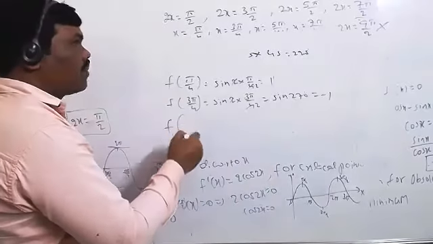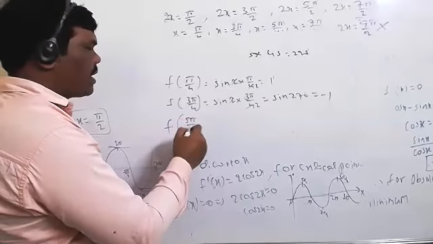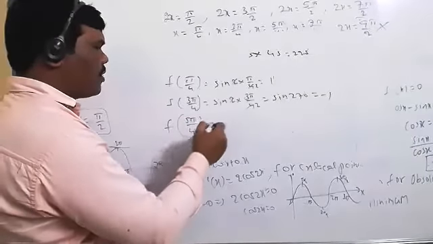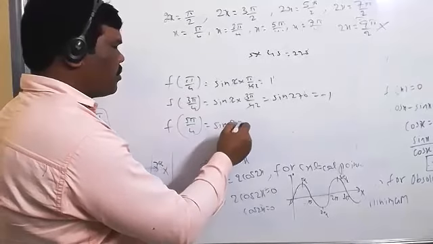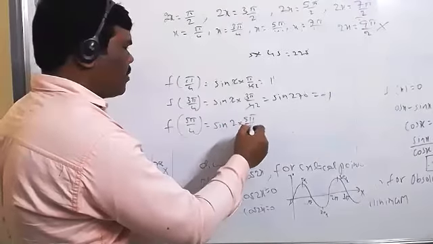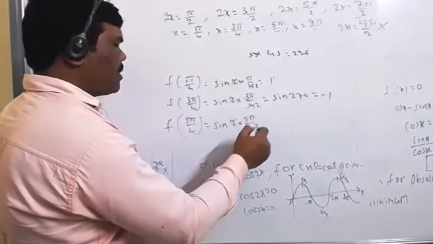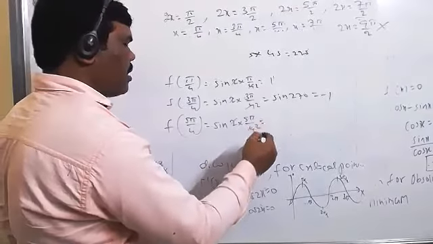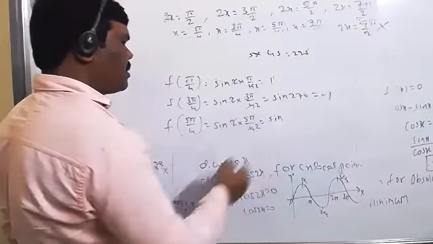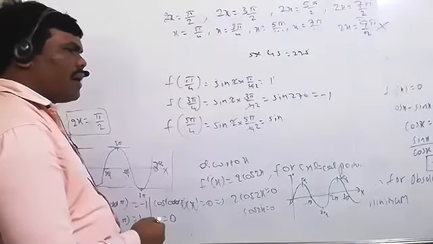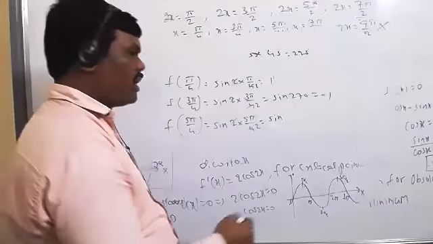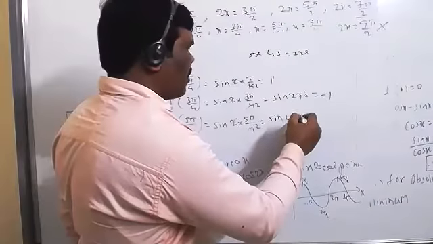In the same way, f of 5 pi by 4 you can take, the sine of 2 into 5 pi by 4. In this number 2 times. And here you can write clearly that sine 5 times 90 is 450 degrees.